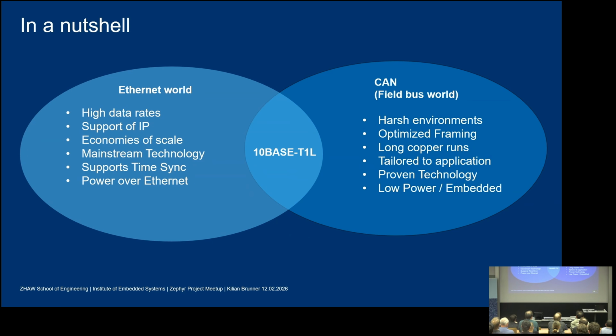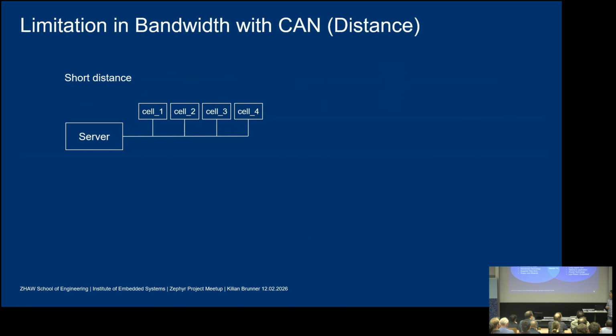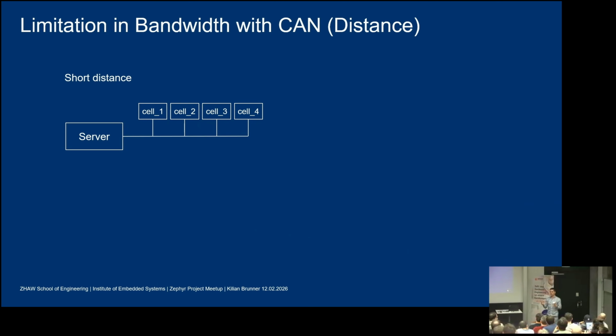So I now try to bring these into some numbers so that you have something to take home maybe. So the limitation of CAN. On a very small system, like maybe in a race car, we heard before, you have one server and 4 sensors, then you can communicate with up to 1 megabit.